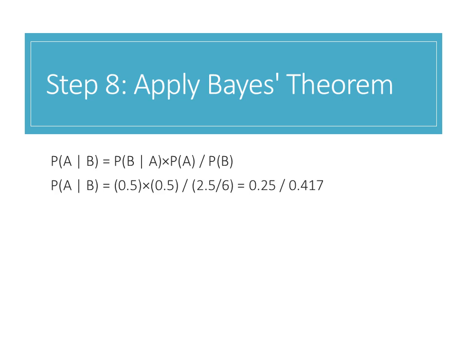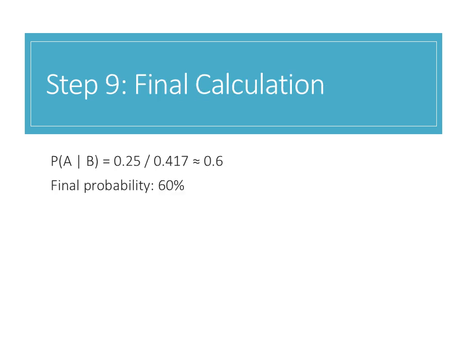So, P of A given B equals 0.25 divided by 0.417. Doing the division, 0.25 divided by 0.417 is approximately 0.6. That means, given that you picked a boy, there's a 60% chance that the baby who was added was a boy. This is our final answer.